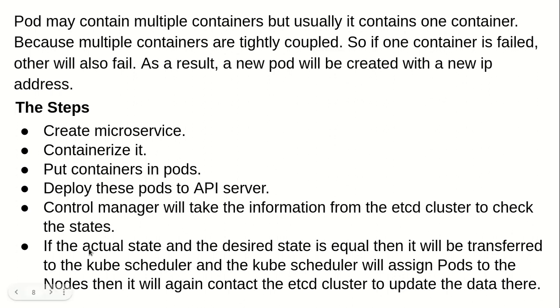All right, and if the actual state and the desired state are equal, then it will be transferred to the kube-scheduler, and the kube-scheduler will assign pods to the nodes. Then it will again contact the etcd cluster to update the data there. All right, because now the actual data and the desired data are equal, it will contact the etcd cluster again so that the data is updated there.